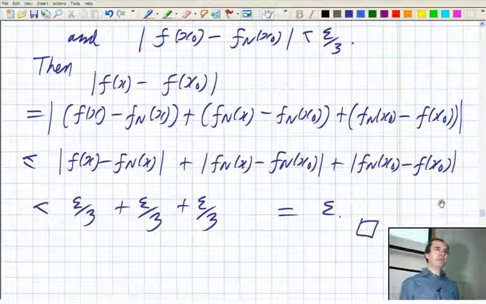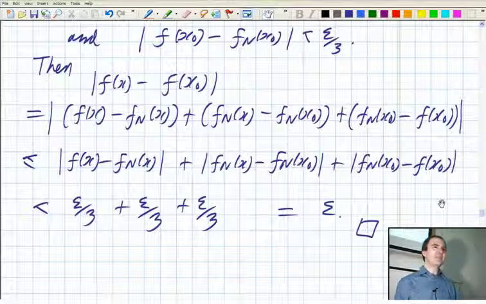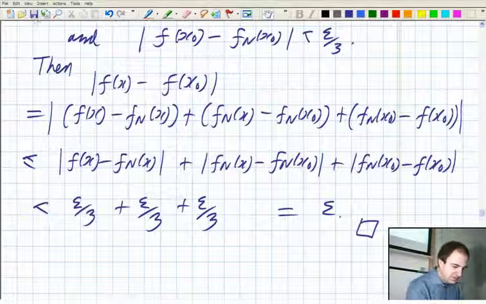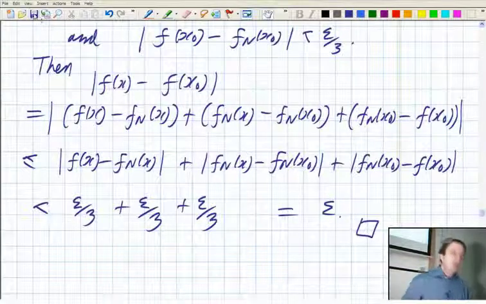And if that function is varying by less than epsilon over 3 nearby, then the epsilon over 3's combine, and the limit function can't vary by more than epsilon. And I invited you to have a think about that in terms of function balls and so on.